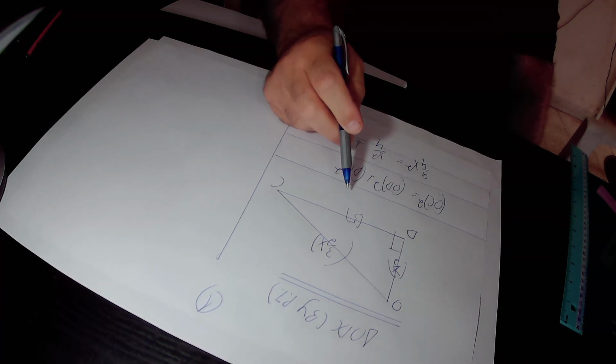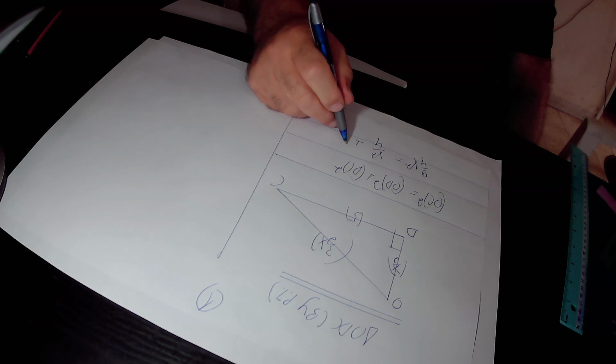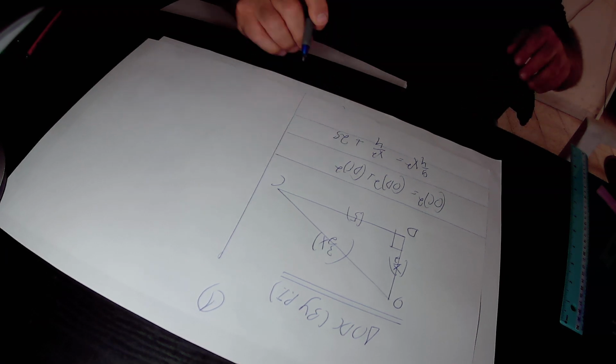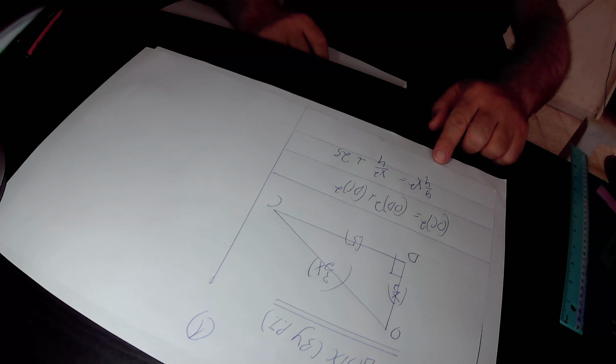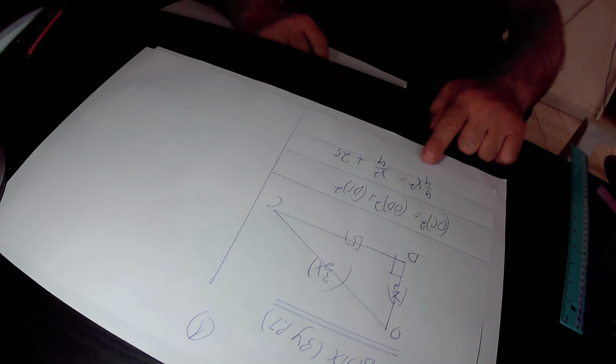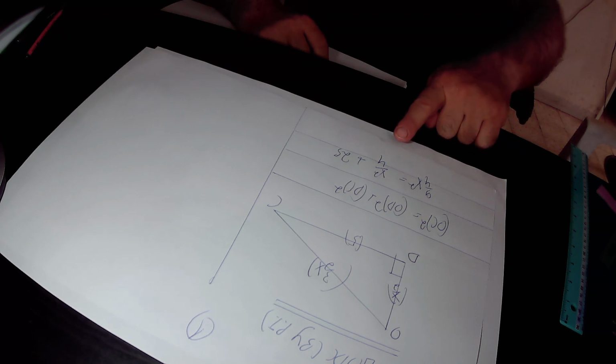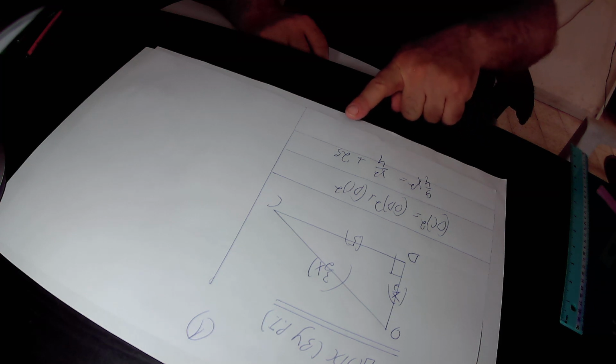DC is 5, therefore DC squared is 25. So in total we found that 9 quarters times x squared equals 1 quarter x squared plus 25.